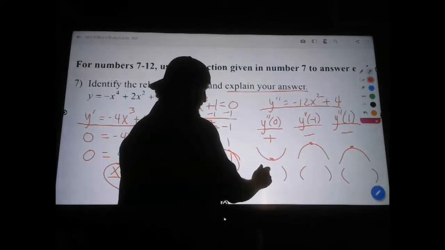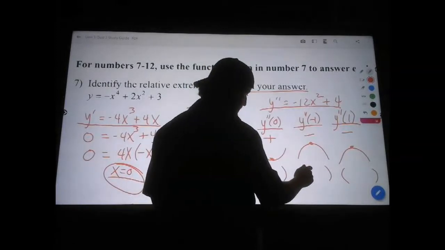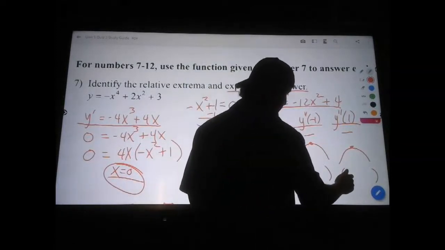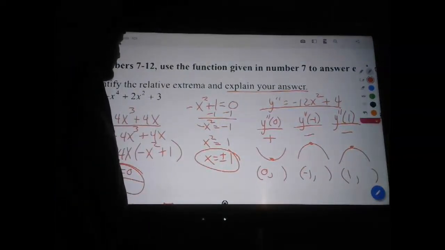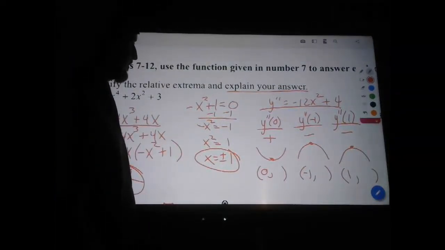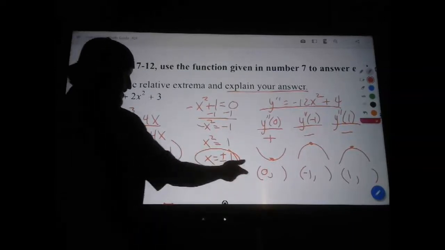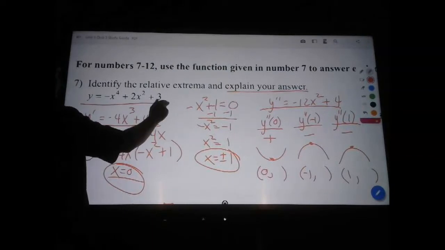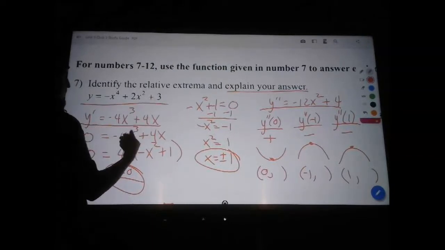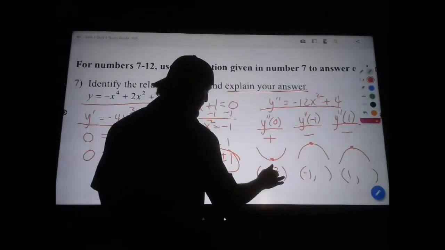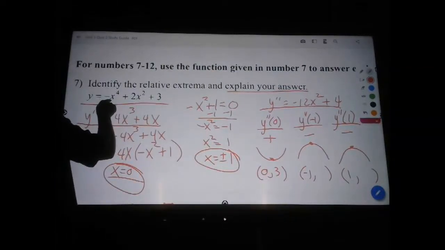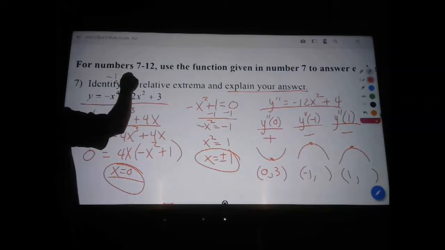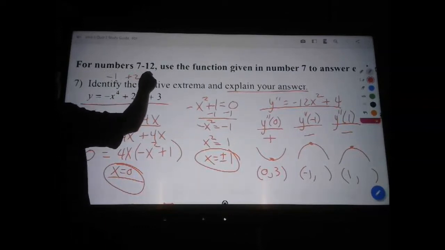So, once again, I'm going to write it as though it were a point. We have 0 and -1 and 1. And now we need to find the y values for where we would have those extrema. So once again, to find your y values, you plug it back into the original. If I plug in 0 to the original, I'm going to get 3. If I plug in -1, it's going to be -1 plus 2 plus 3.